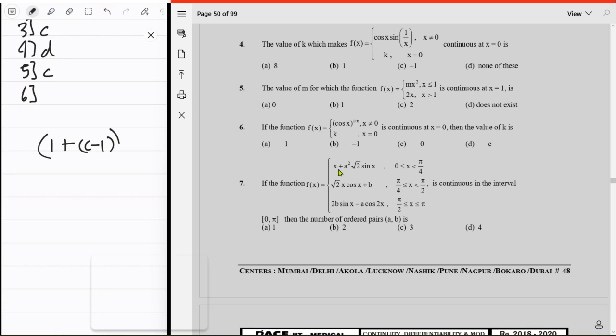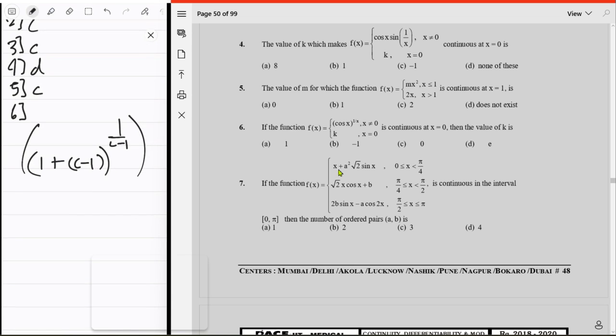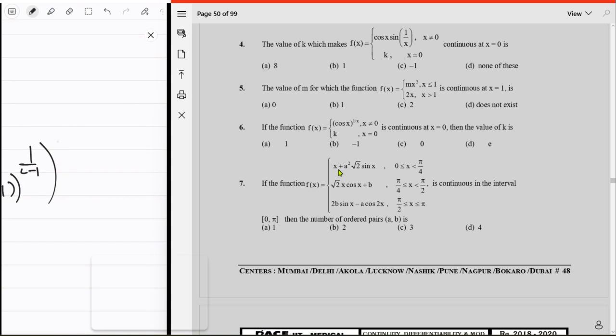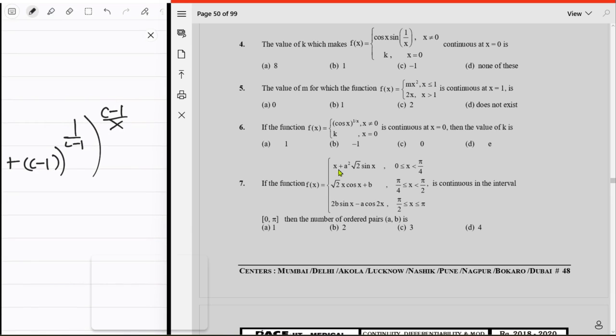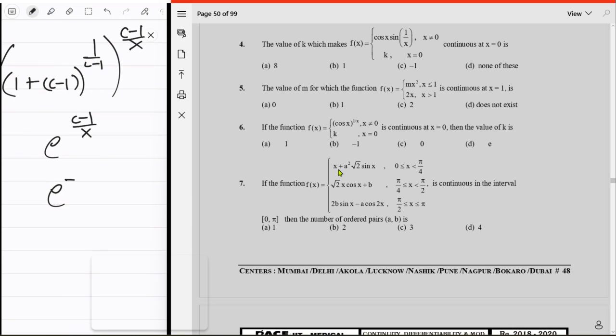So then this power, 1 upon cosine x minus 1, this will approach e, but then you want this to the power of cosine x minus 1 upon x, right? So that is still going to be the same quantity. And then this thing approaches e power cosine x minus 1 upon x, which is e power negative 1 minus cosine x upon x, that just becomes 1 upon 2, right, as x tends to 0. So it's e power negative 1 upon 2. That's what k should be, which is not here.